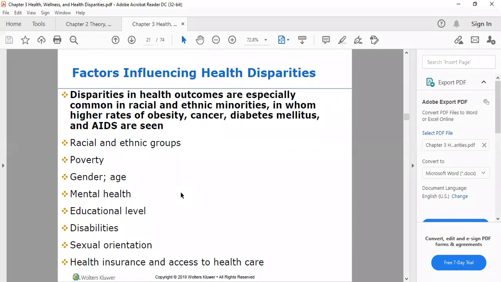Another issue could be like, you know, they build clinics up in certain areas, but not others. All right, so where are you going to see these disparities? It happens among the racial, ethnic, and also with people that are obese. You'll see a lot of people act funny towards people that are obese.